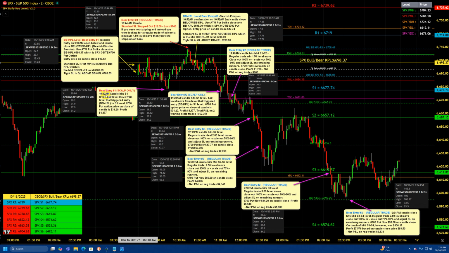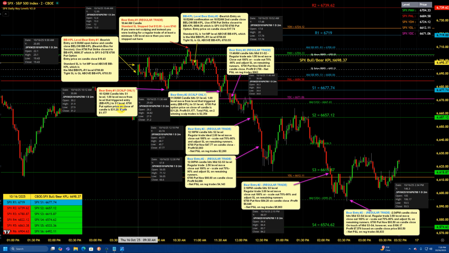So here at 10:12 a.m. the candle hits the S1 level. It goes down, it does touch this level, and it backs off of it slightly. At the time it hits this level, it's a one level move from the level that triggered entry, BBKPL, to S1.